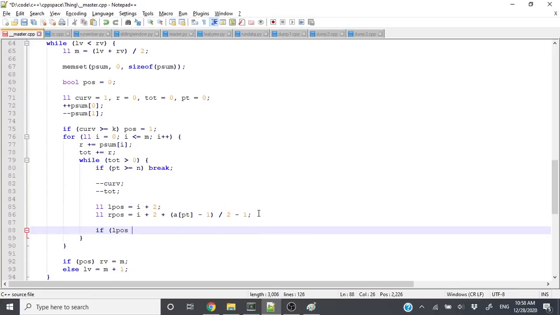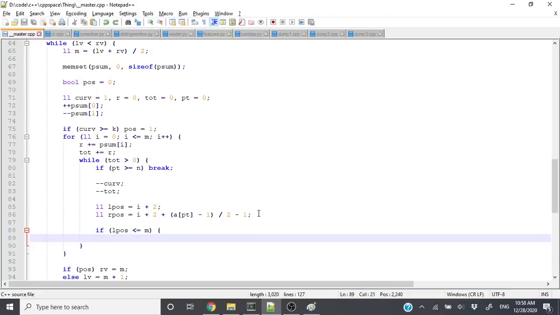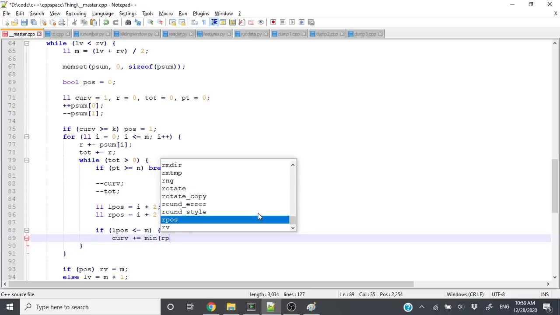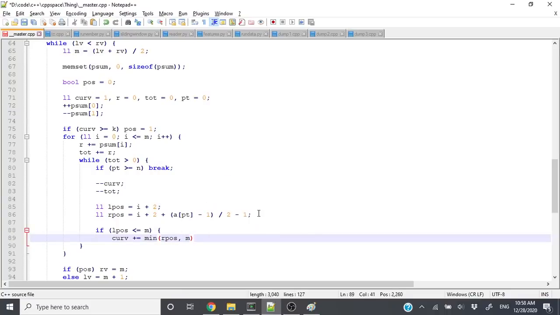If Lpause is less than or equal to M, curV plus equals min Rpause, M minus Lpause plus 1. This is basically just adding the number we get. And so it's the minimum of these because either we run out of things from the chain or we run out of things that are less than or equal to M.